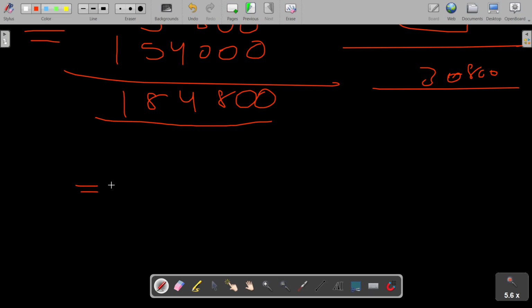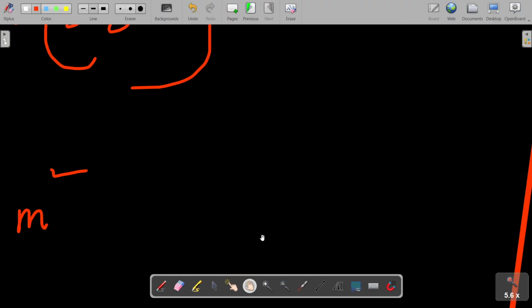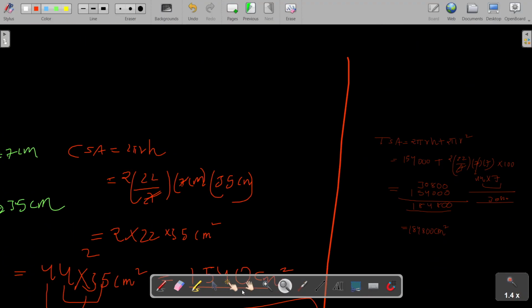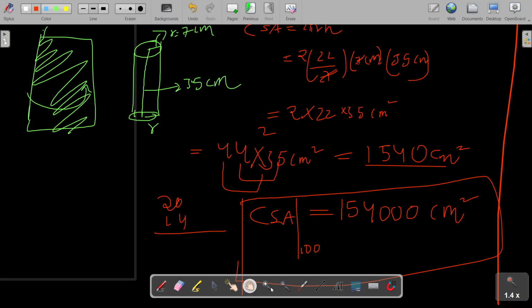So this is the total surface area in centimeter square to make 100 cylinders, including the paper and including both end lids. Okay, so let's move on to the next problem.